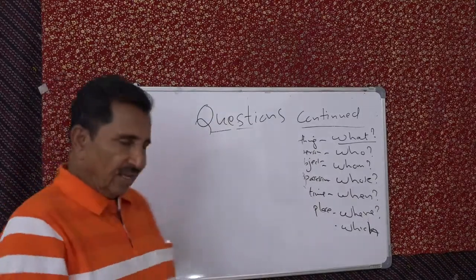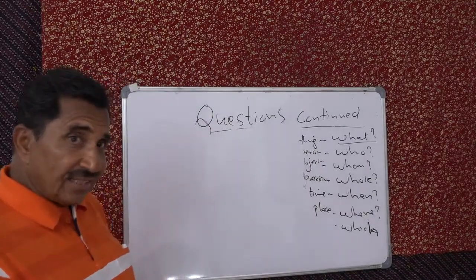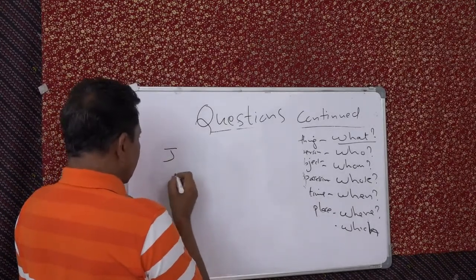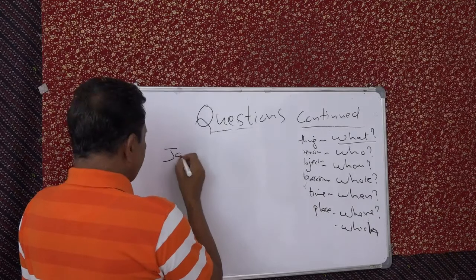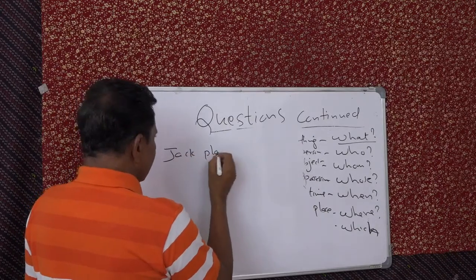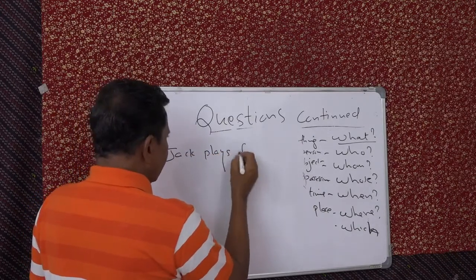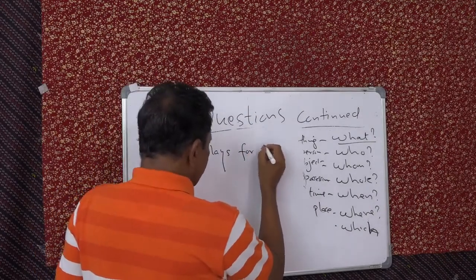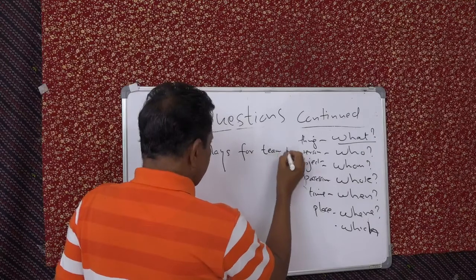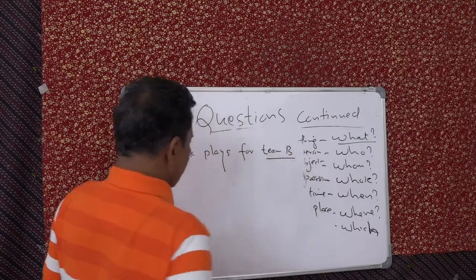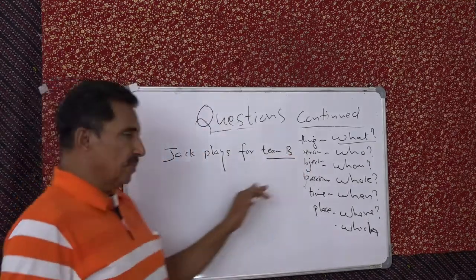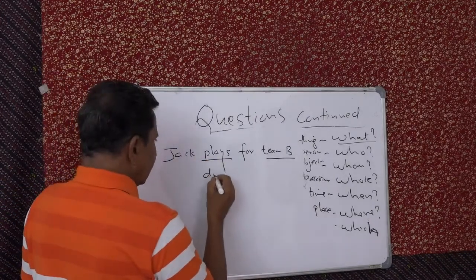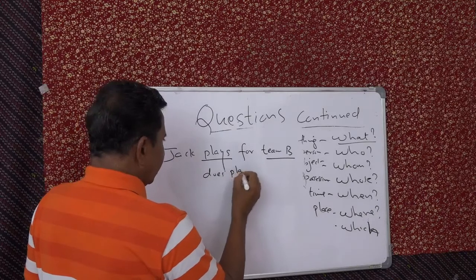Okay. So let's take another example, then it becomes easy. Jack plays for team B. So you want to get the answer team B. Then here you have to say does play.